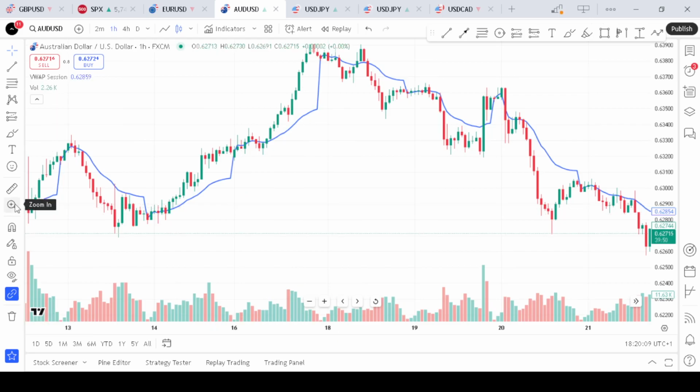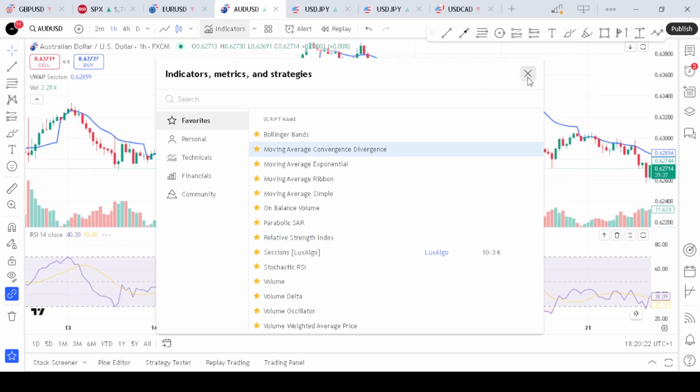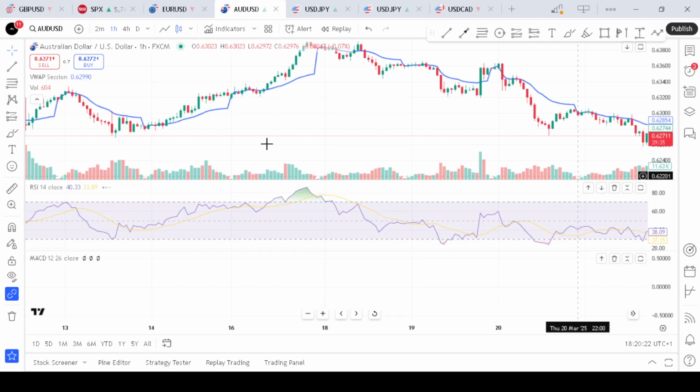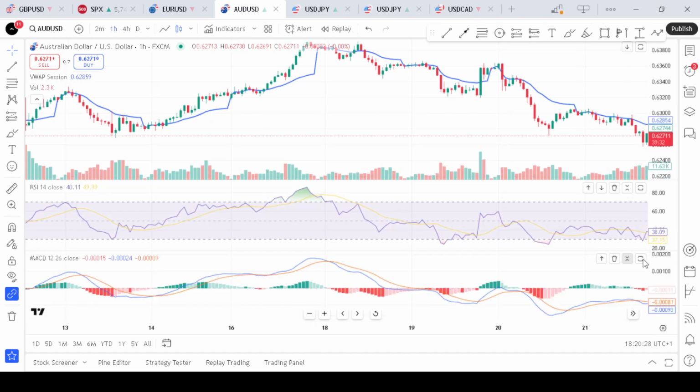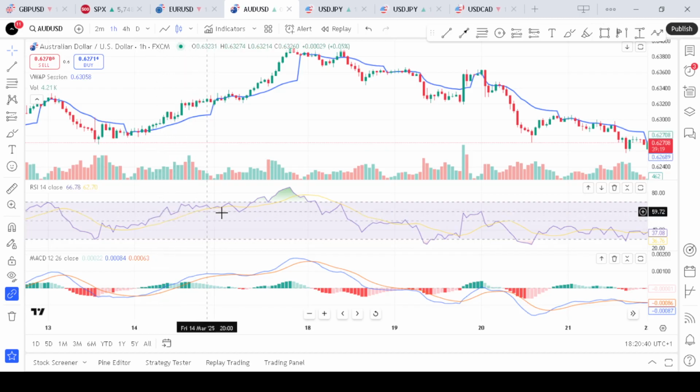We can also consider using other technical indicators such as our RSI. We can also use our MACD. These are the indicators we can use to confirm the trend. As you can see at this area where price was trading above the VWAP line, the RSI was trading above the 50 region, signifying an uptrend.